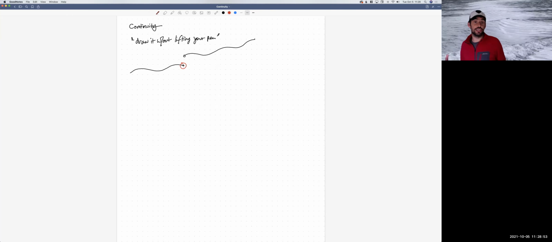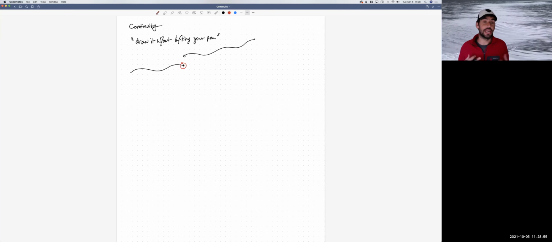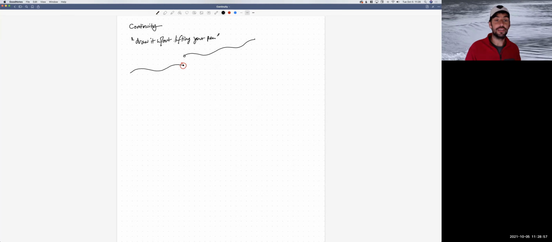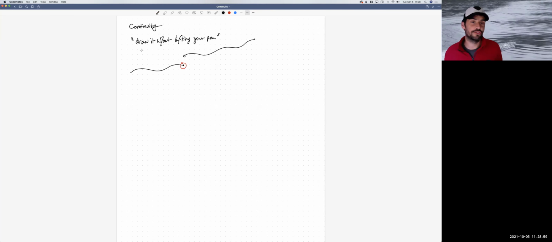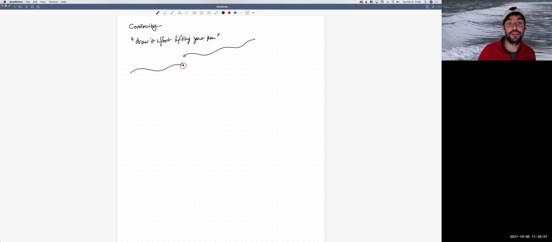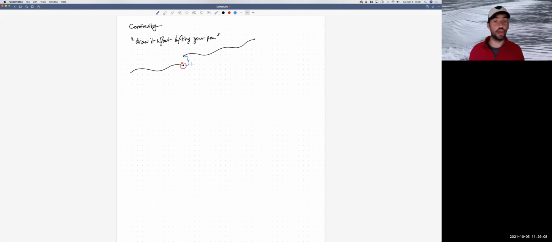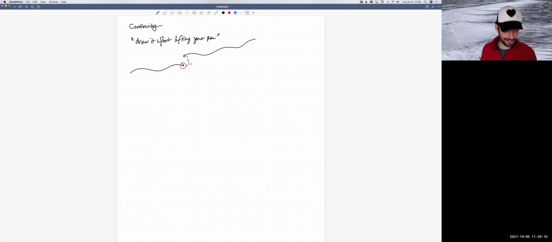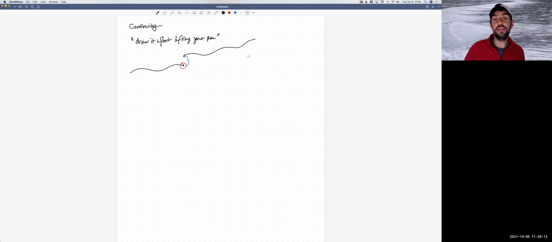That's the expectation. But sometimes things are surprising. So using this definition, in quotes, draw it without lifting your pen, this function I've drawn is continuous except for at this point where we have this jump, right? There it's discontinuous, right?